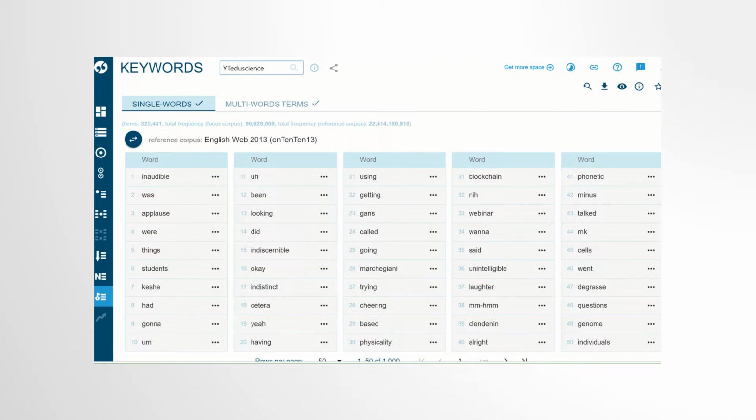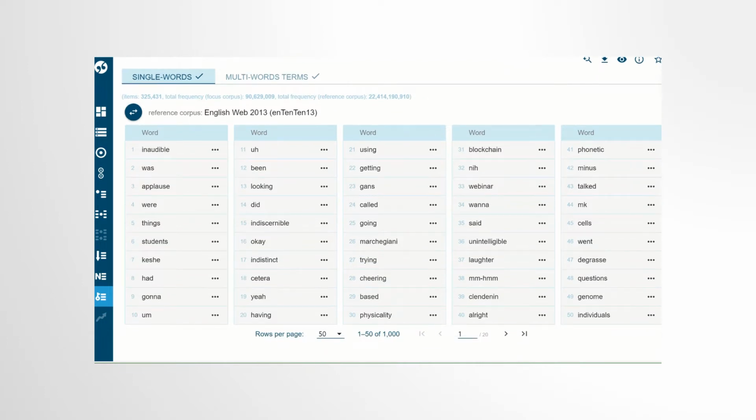Yes, now keywords are words that occur more frequently than would be expected by random chance or random probability. So words that occur disproportionately in a particular corpus compared to another corpus. And we can see that the reference corpus that Sketchengine has been comparing this to is the English Web, which is a general internet corpus.